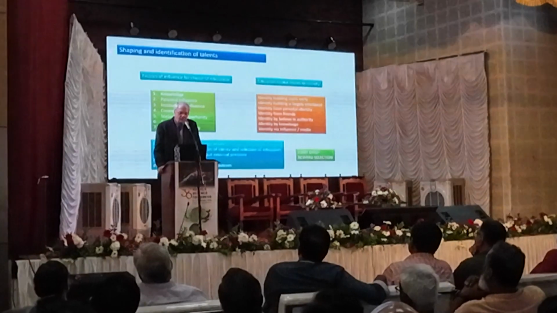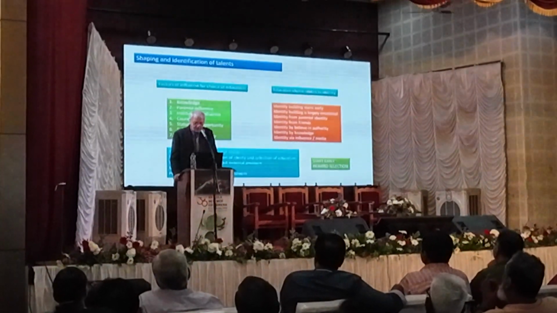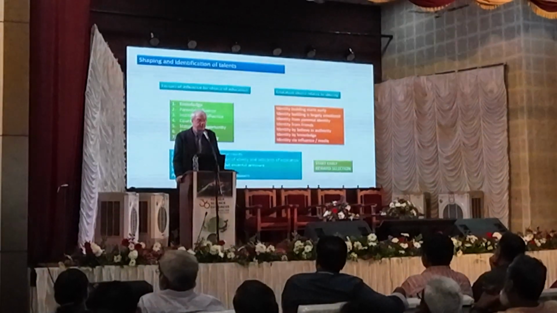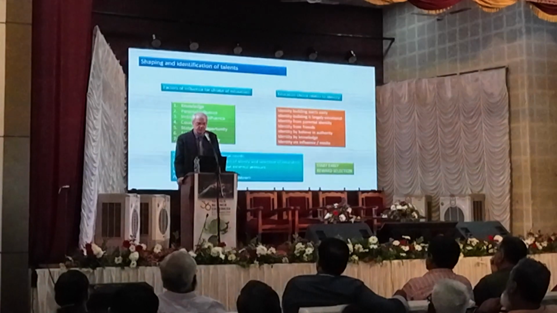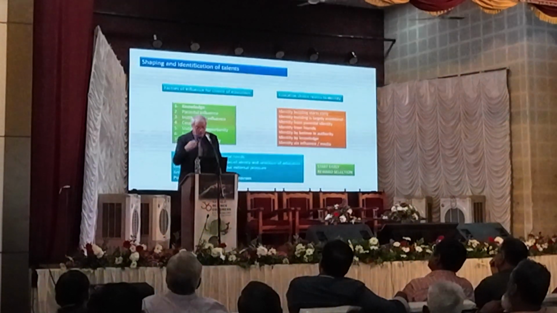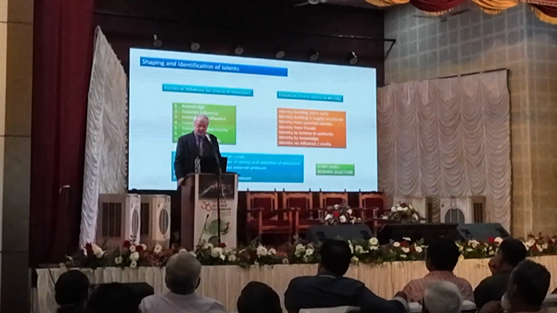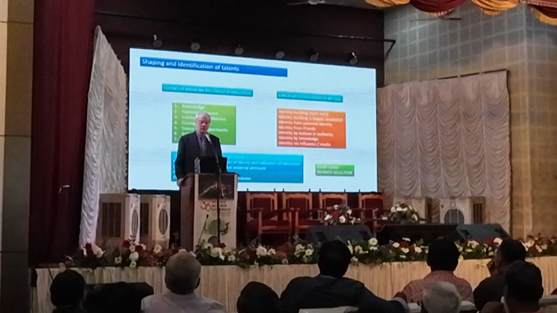So you can also get your identity from your friends or colleagues. And then you can believe in authority. I think authority makes a huge difference in many places for what kind of education you have. But it's your choice. It's identity by knowledge. It's identity also via global influence.